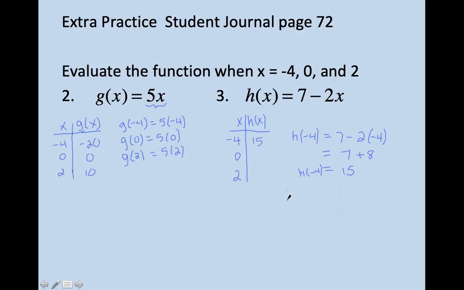All right, next time through, we're putting in 0. So we have 7 minus 2 times 0. All right, 2 times 0 is 0, so we are just left with 7 for H of 0. And the next time through the problem, I'm putting in 2.